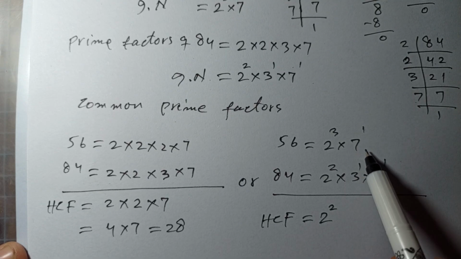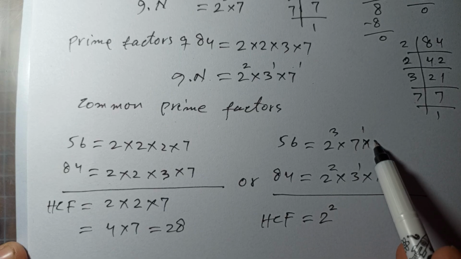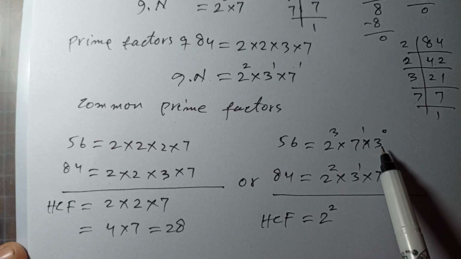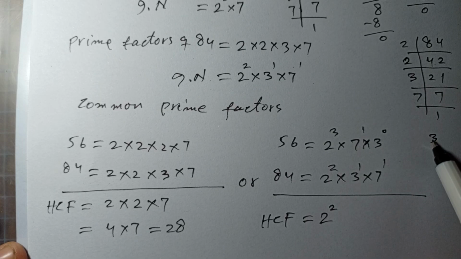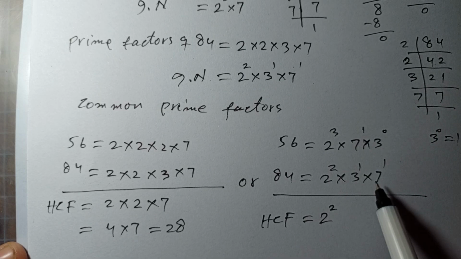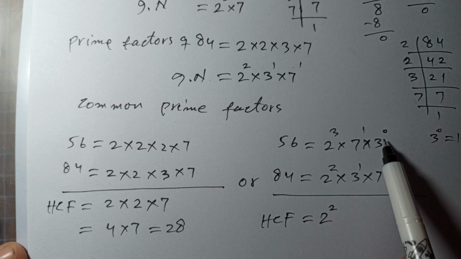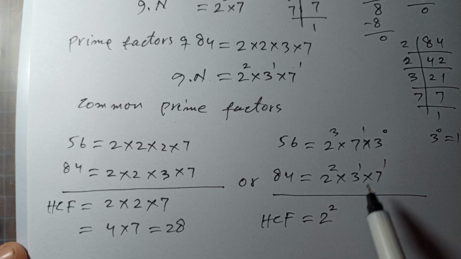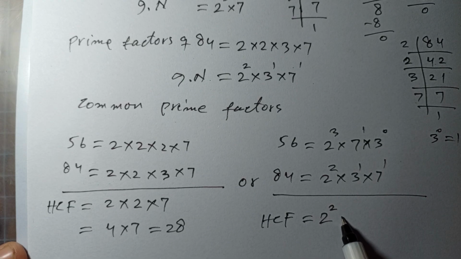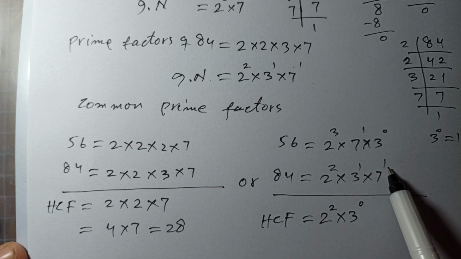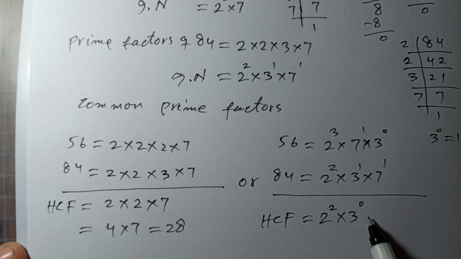And 3 raised to power 1. Here is no 3, so you can write here 3 raised to power 0, because 3 raised to power 0 is equal to 1. So here is 3 raised to power 1, and here is 3 raised to power 0. You can use 3 raised to power 0, that is the lower power. You will write it here. Now 7 raised to power 1, 7 raised to power 1, both are the same.